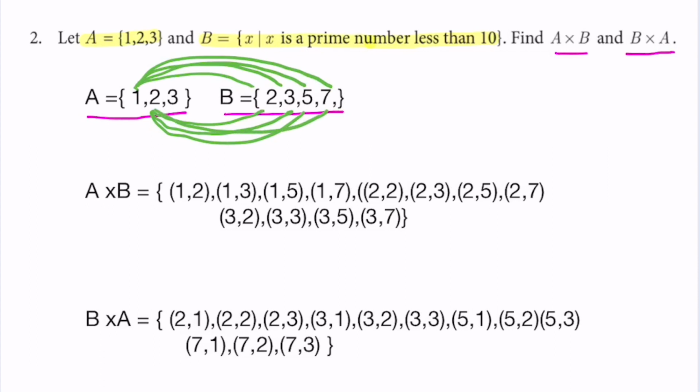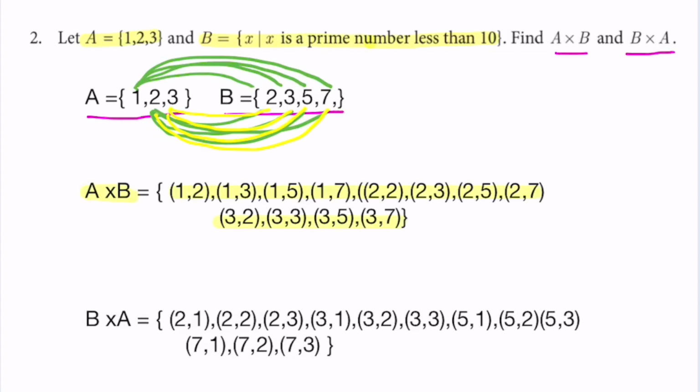The ordered pair from 3. So it is 3 comma 2, 3 comma 3, 3 comma 5 and 3 comma 7. So we have got 12 ordered pairs from the set A to the set B.